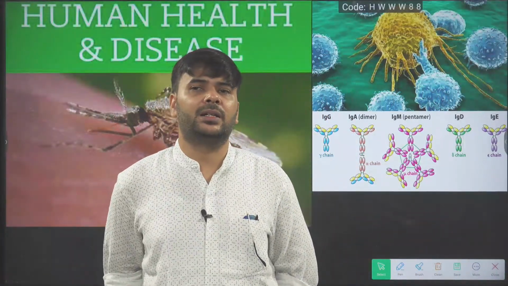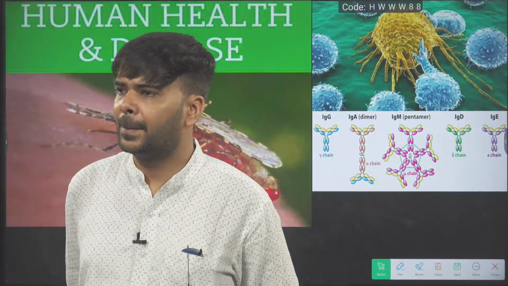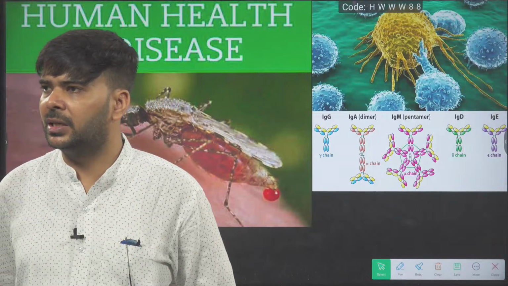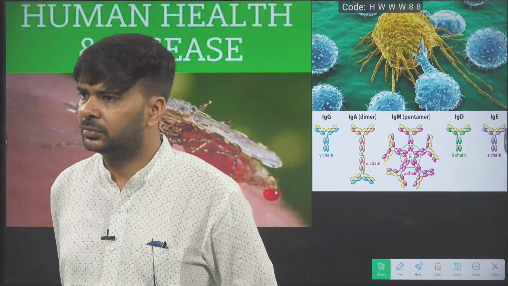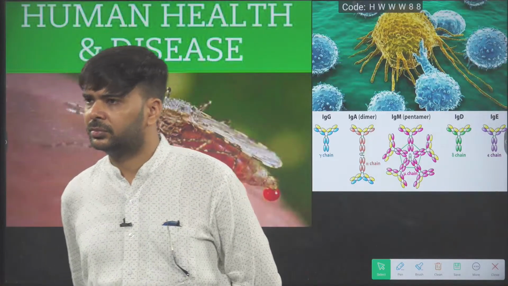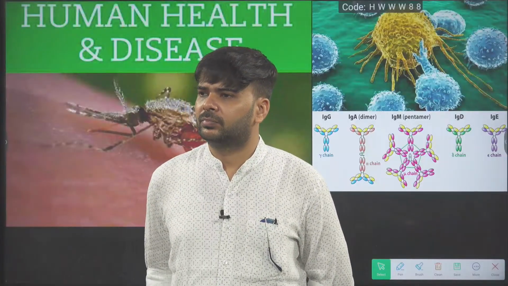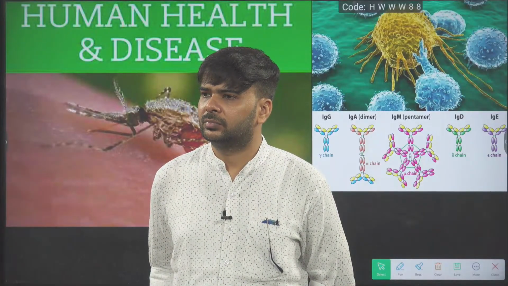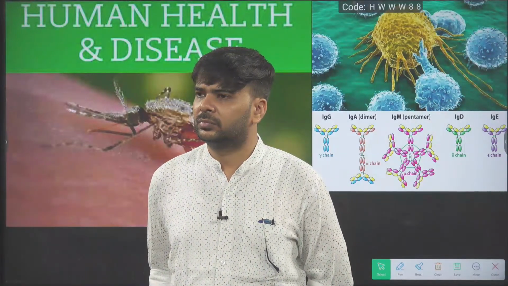So in the human health and disease chapter, the first point is health, which we discussed. Now, what do you mean by disease and disorder? Can anyone explain disease and disorder?